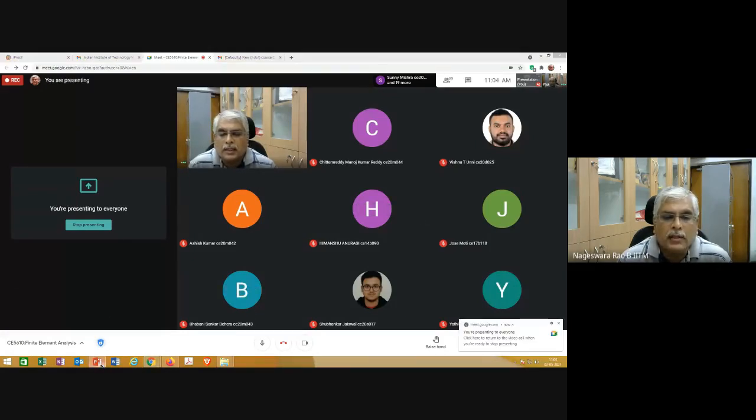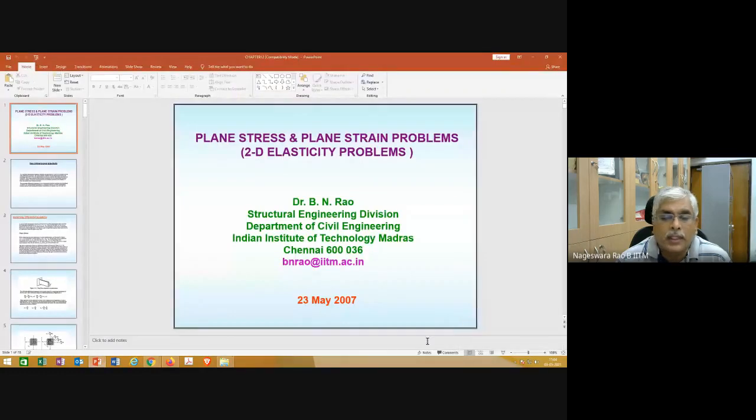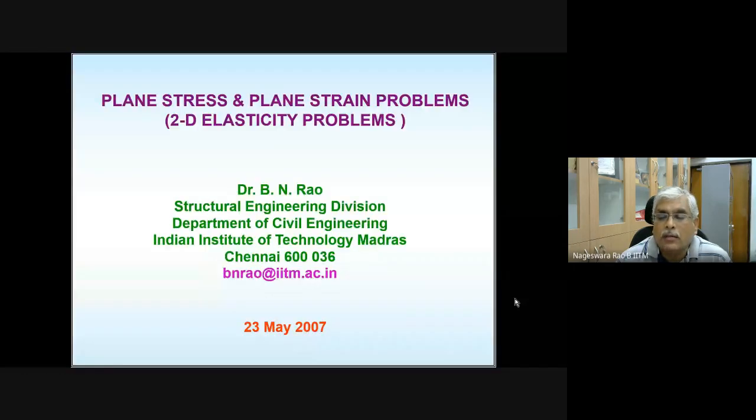So in today's class, we are going to look at one such simplification, and you must have studied it as a part of your advanced structural mechanics, or advanced mechanics of materials, or mechanics of materials. You must have heard about plane stress and plane strain. And really, there is nothing like a two-dimensional elasticity problem.